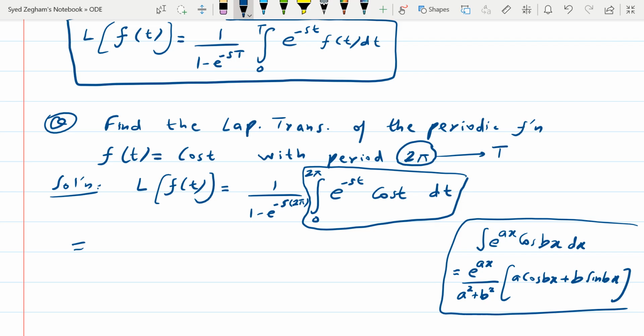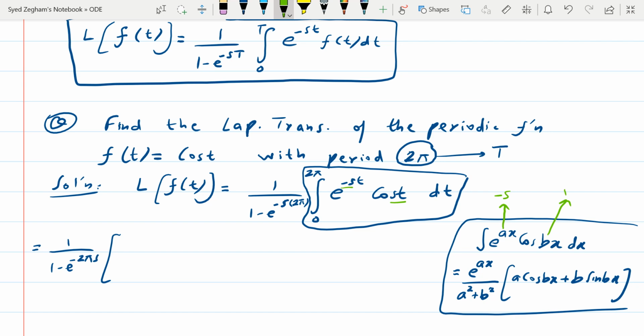So, using this formula, we get 1 over 1 minus e to the power minus 2 pi s, and this integral e to the power minus st cosine t. If you see here, my a will be equal to minus s and our b will be equal to 1, right?